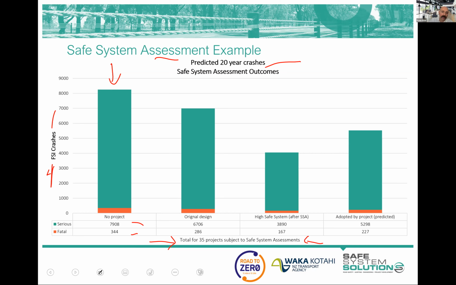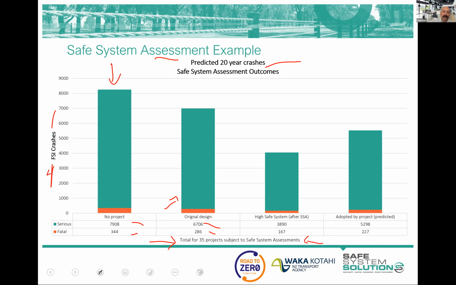Now, every one of these designs, there were 32, I think it was, had a feasibility stage road safety audit undertaken on them. So an independent set of eyes had looked at that project.